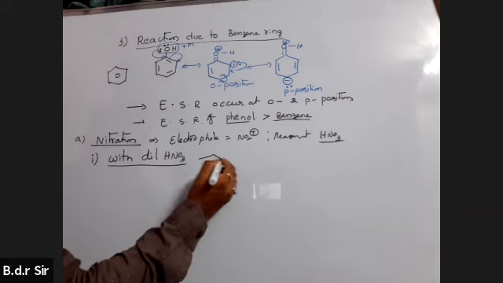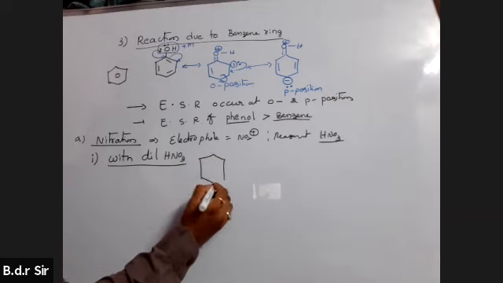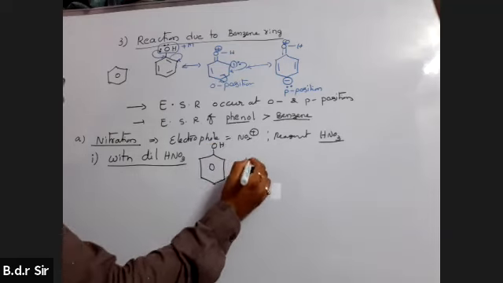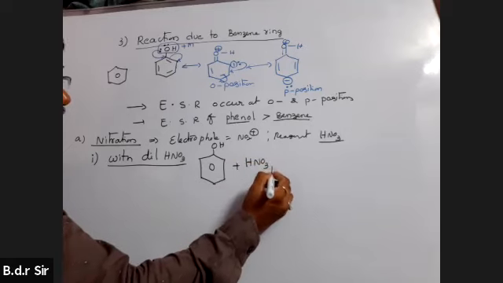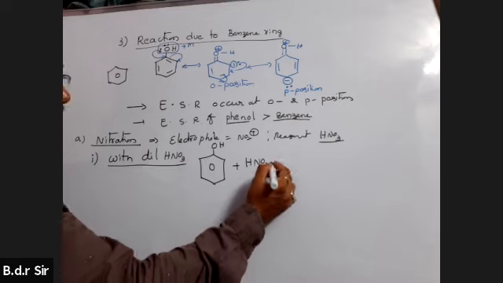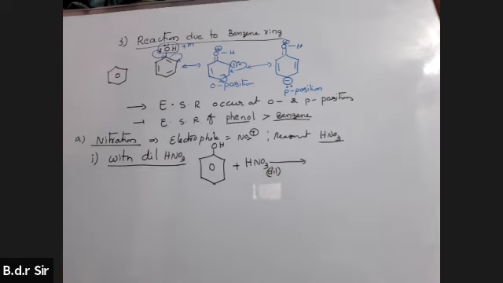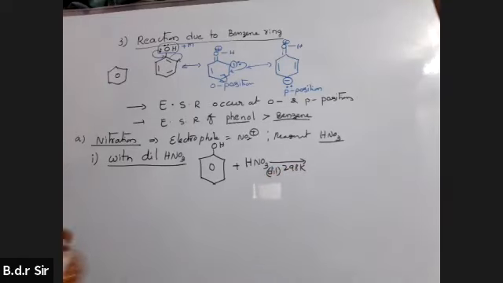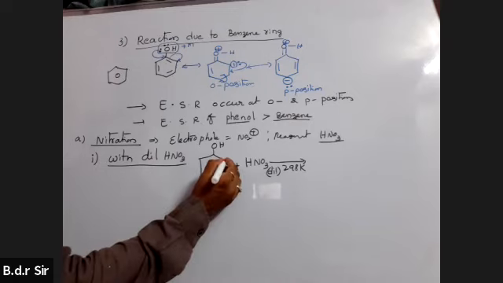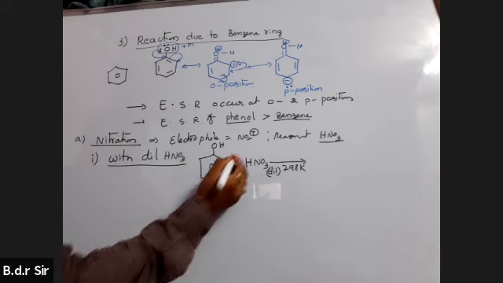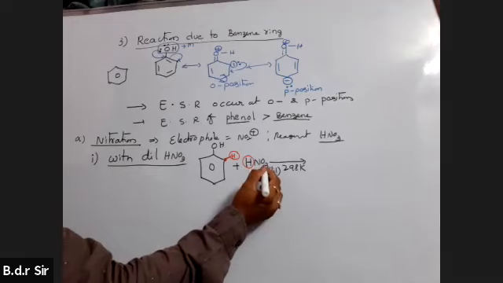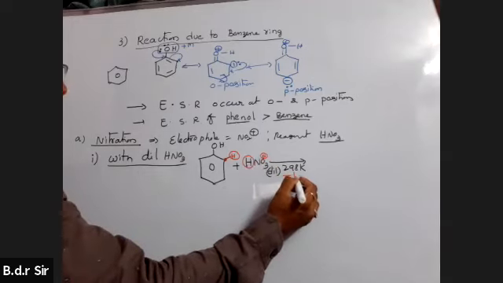Observe, phenol reacts with dilute nitric acid at room temperature, that is 298 Kelvin. What is the product? At the ortho position, a hydrogen, together with one oxygen from nitric acid, is converted into water.